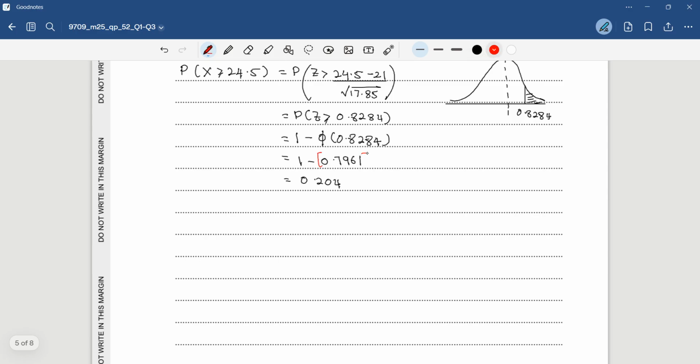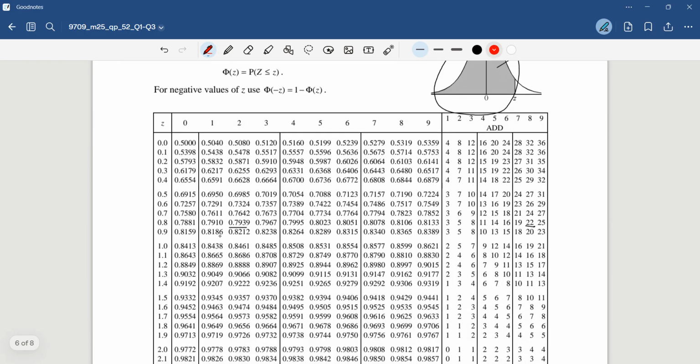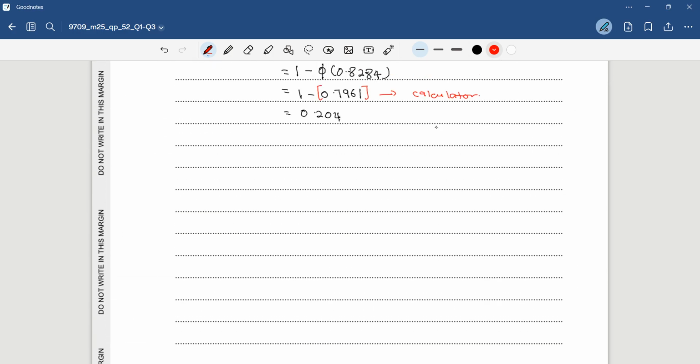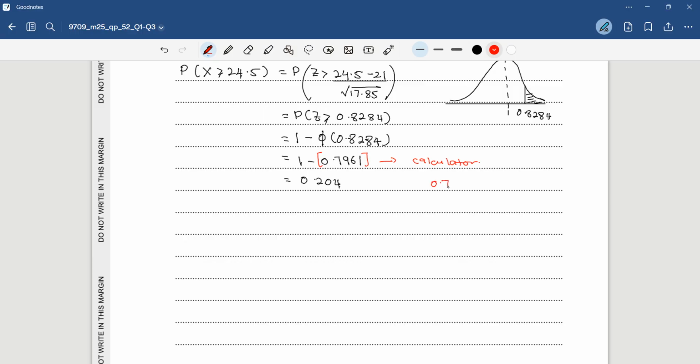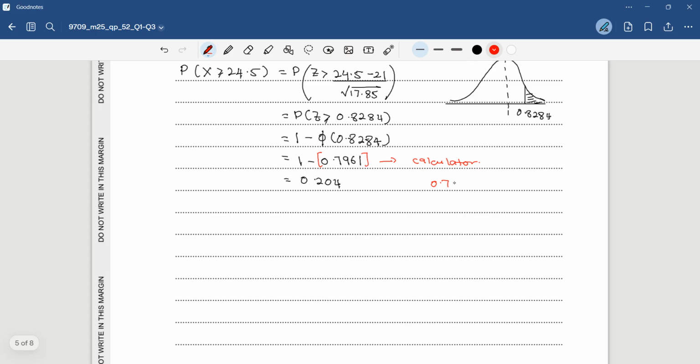To calculate this, actually you can use your calculator directly. It doesn't matter. You can use your calculator or you can refer to the table here. So 0.828, it's going to be 0.7939 plus 0.0022.